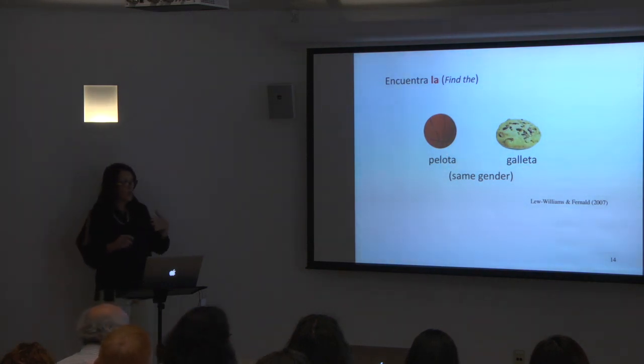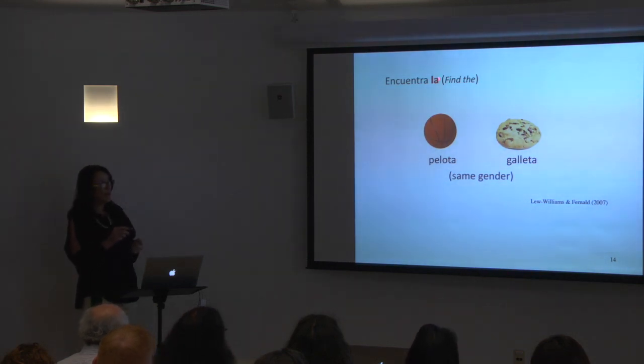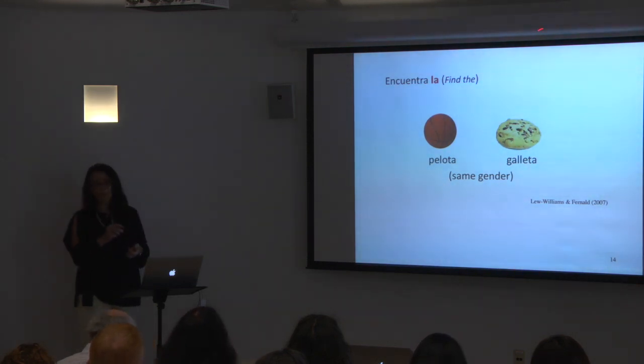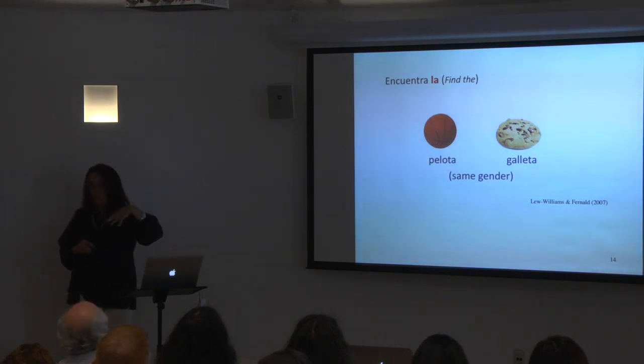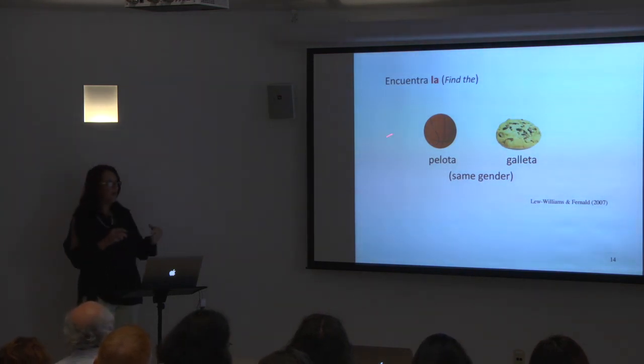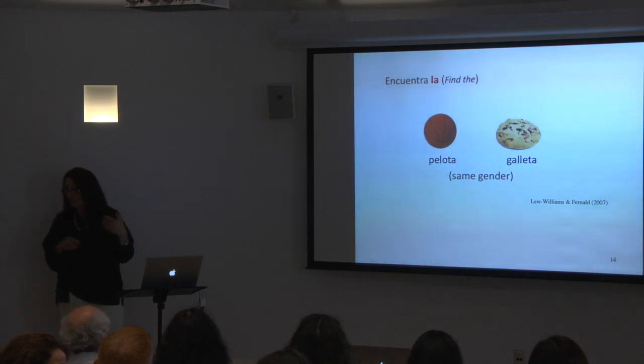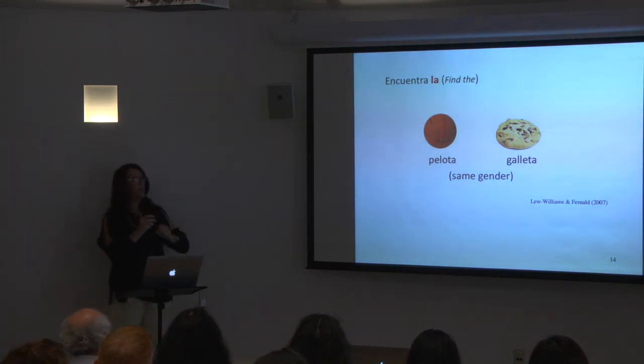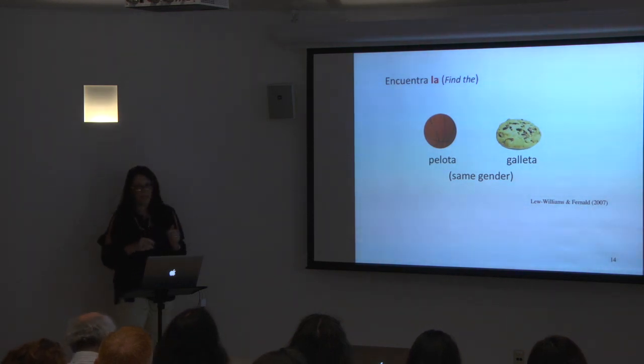And what research has found is that native speakers of Spanish, and also children who are native speakers of Spanish, use grammatical gender information encoded in articles to predict or to anticipate what the gender of the following noun will be, because gender has to agree between the articles and the nouns.